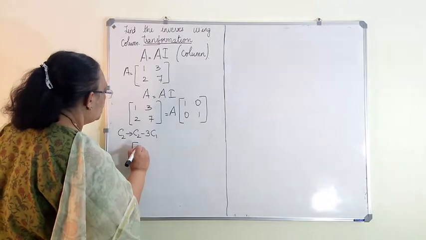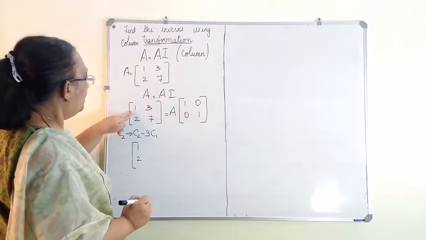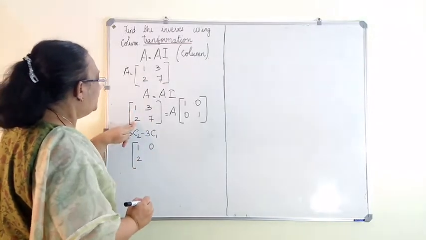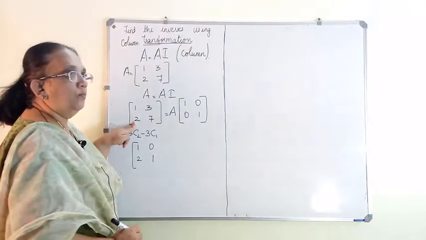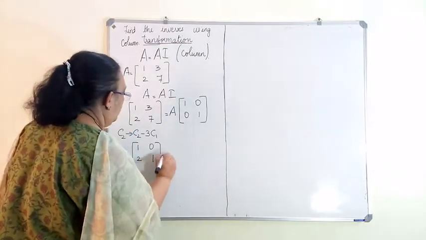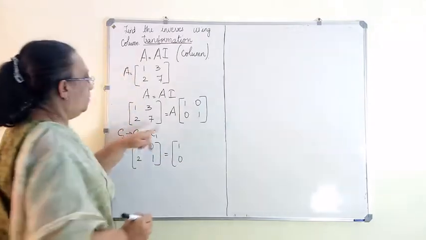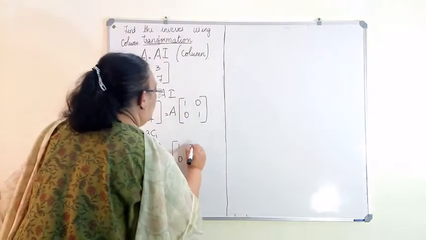So first column no change. 3 minus 3, 0. 7 minus 3 into 2, 6, which is equal to 1. Here, first column as such, column 0 minus 3 into 1, minus 3.